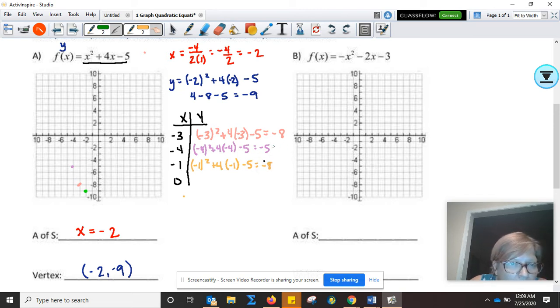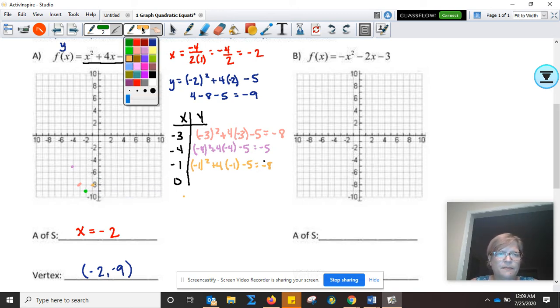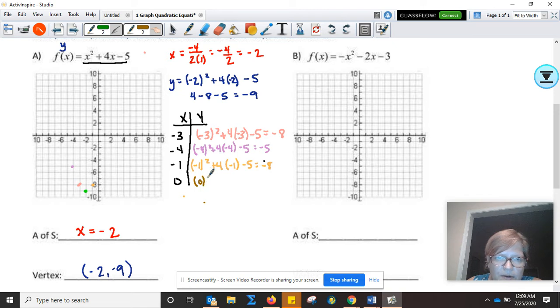So negative 1, negative 8. Then my last ordered pair, I'm going to plug in 0. So 0 squared plus 4 times 0 minus 5. And that's going to give me negative 5. So that ordered pair would be 0, negative 5.